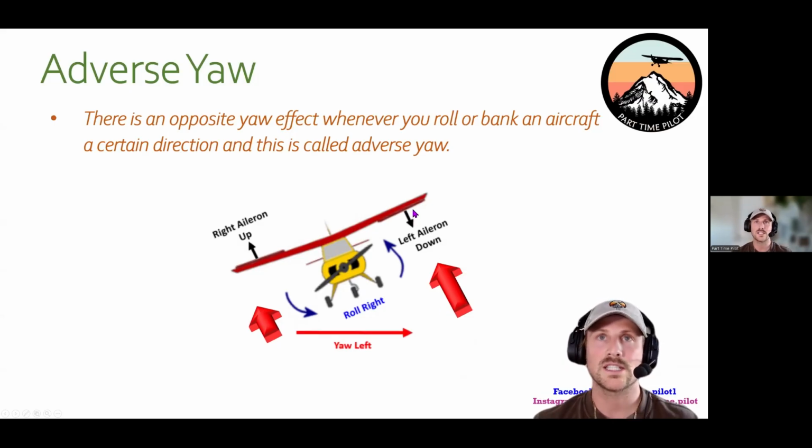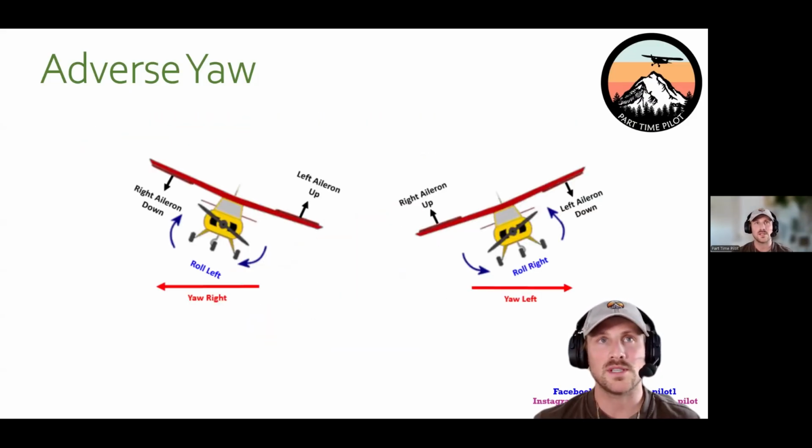Think of this drag as like someone pushing this wing, and that would cause the nose to yaw to the left. It's because we have more induced drag on the side of the wing where we have more lift. And the opposite would be true.